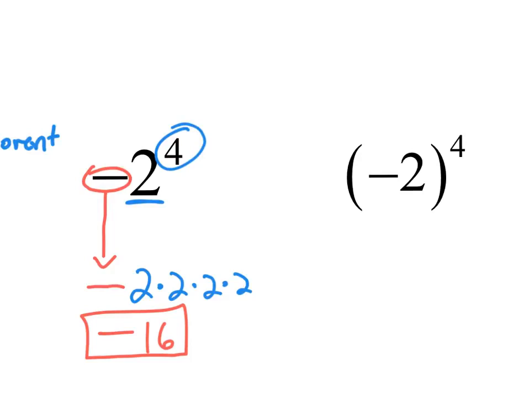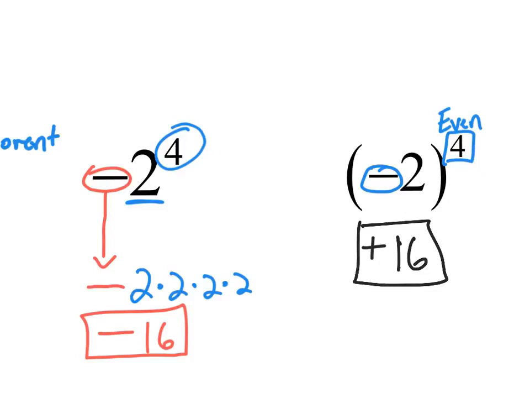If you have parentheses with the negative inside and the exponent is an even number, so 4 is even, 2 is even, 6 is even, 8, 10, 12, all those numbers are even, then your answer will be positive, and you just multiply the base by itself that many times. So I have a 2 here, and I'm going to multiply it by itself 4 times. 2 times 2 times 2 times 2 is 16. So the answer is positive 16.